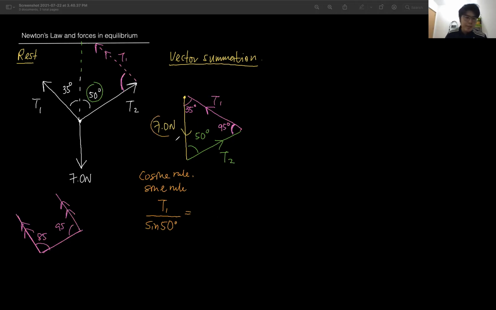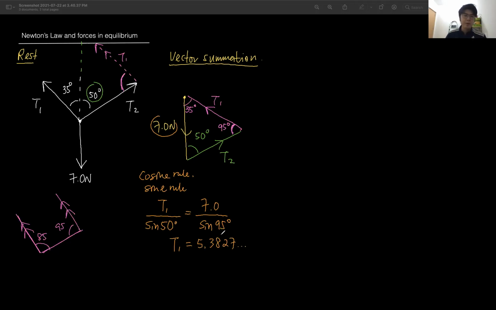So I take 7.0 divided by, what is the opposite angle? 95. So that's sine 95. So I solve for T1: 7 divided by sine 95 times sine 50. Okay, I get 5.3827 and so on.